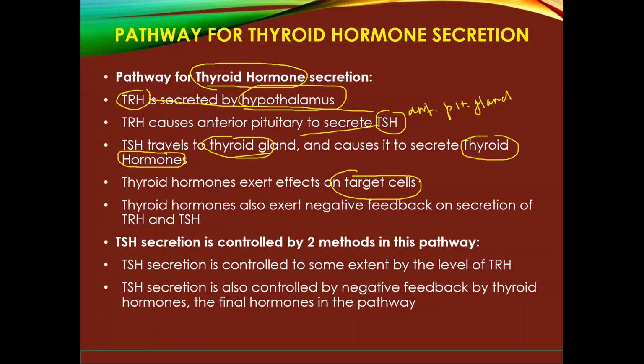The target cell for the thyroid hormone is actually all cells in our body to increase what we call the basal metabolic rate. So metabolism in our cells is increased by these thyroid hormones produced by the thyroid gland. That is actually stimulated by TSH produced by the anterior pituitary gland, and this TSH is stimulated by the TRH that is produced from the hypothalamus.